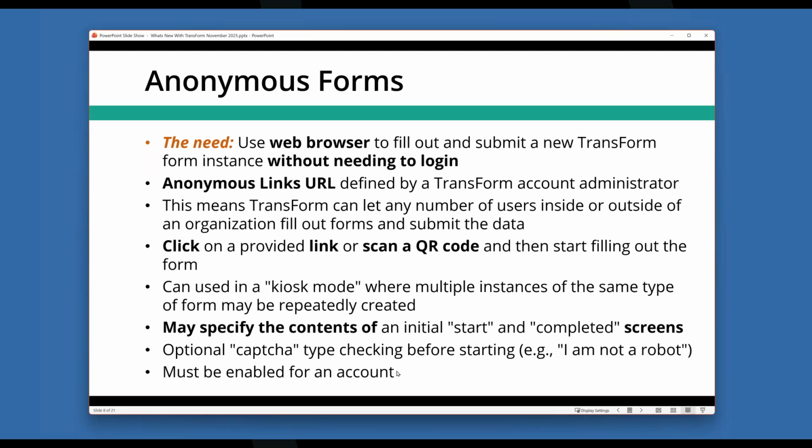You can't use this feature unless it's been enabled for your account. And there are various limits to how many of what you can create depending on your account. So talk to the person at Alpha who you work with on your account, and they can enable this to let you try it out or to use it for various situations.